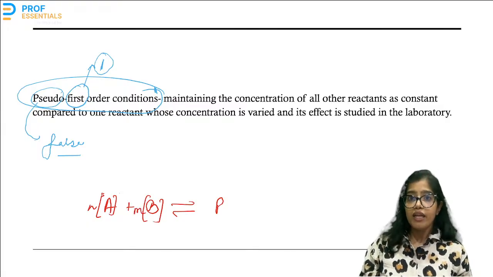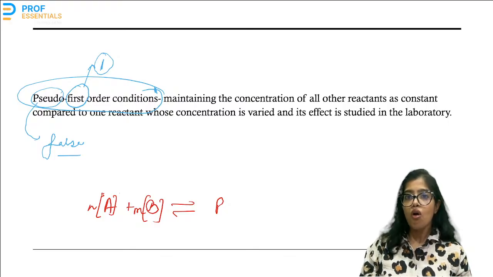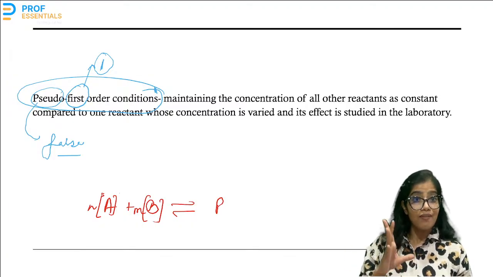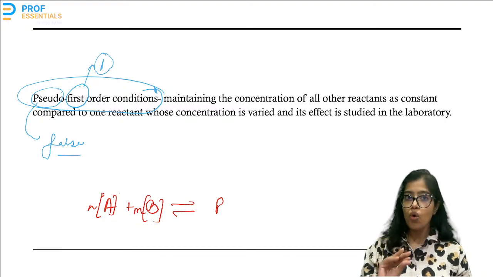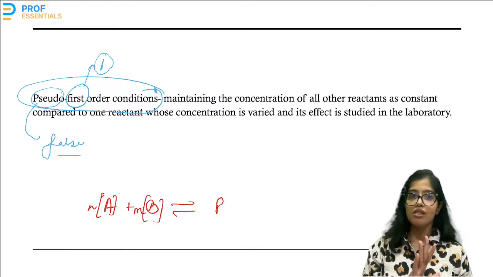Now, if you maintain the concentration of all other reactants as constant and you study one of the reactants and its effect in the laboratory, then that condition is going to be a pseudo first order condition for this reactant.